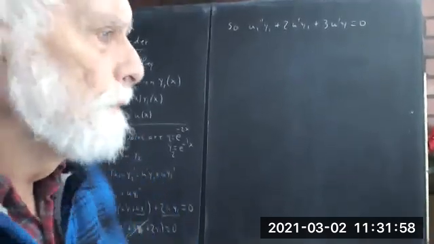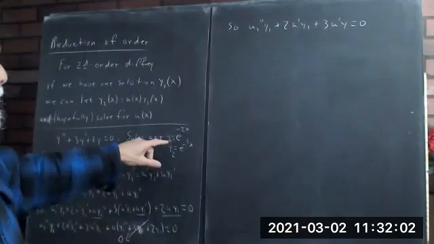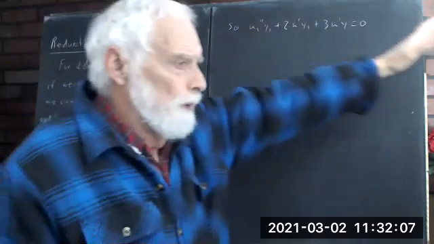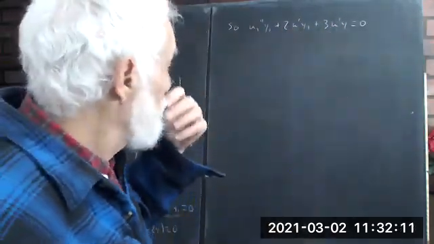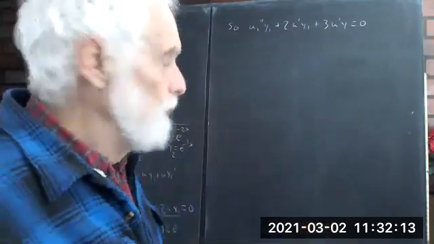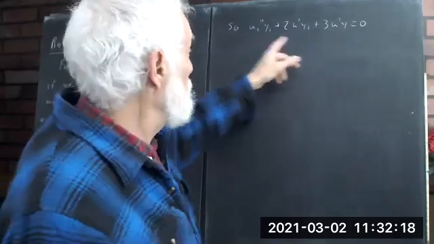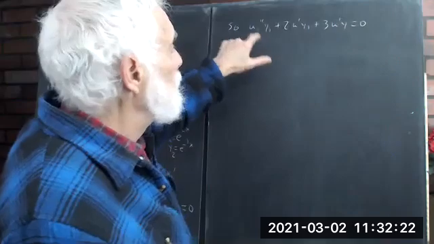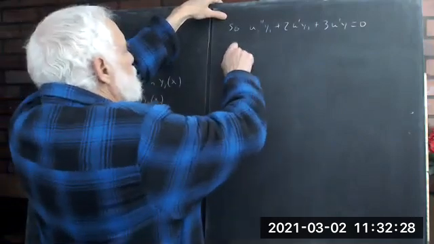Now remember that y1 is already known. y1 is e to the negative 2x. So anytime we're ready, we can substitute e to the negative 2x for y1. The other thing that we can do is notice that we don't have u here anymore. We just have u prime and u double prime. I keep writing u1s. Okay, we have u prime and u double prime. Okay, so just to make sure.